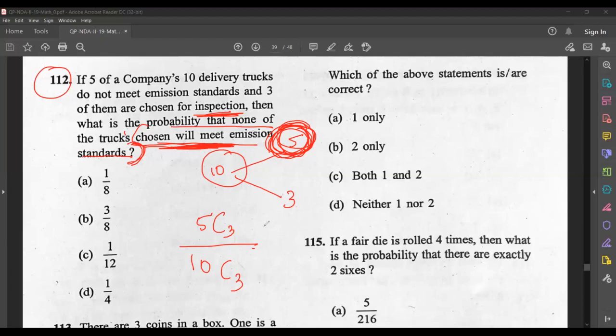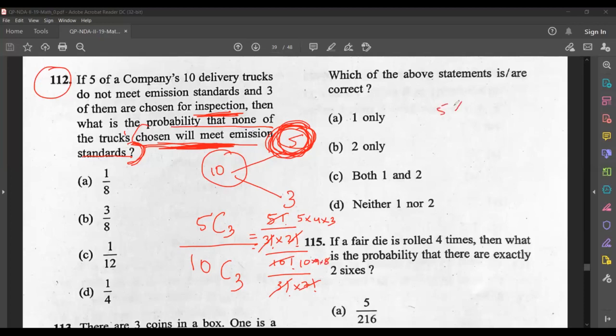So 5 C3. What is n C r? n factorial by r factorial into n minus r factorial. So 5 factorial by 3 factorial into 2 factorial divided by 10 factorial by 3 factorial into 7 factorial. So the 3 factorial will cancel, 5 factorial divided by 2 factorial will be 5 into 4 into 3. 10 factorial divided by 7 factorial will be 10 into 9 into 8.